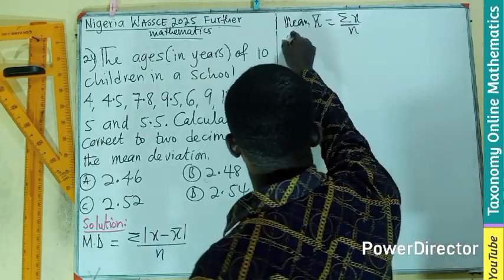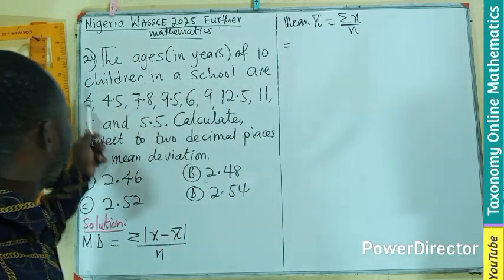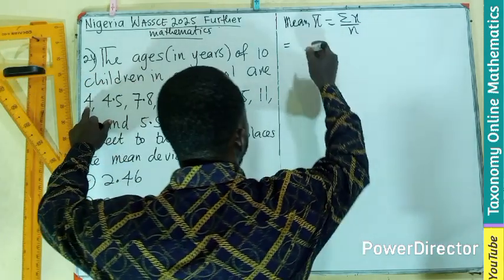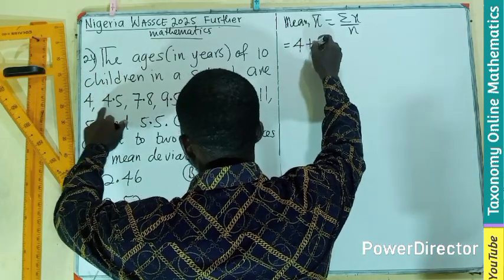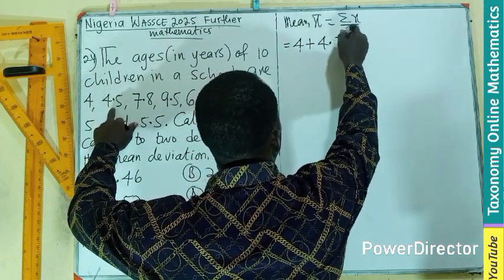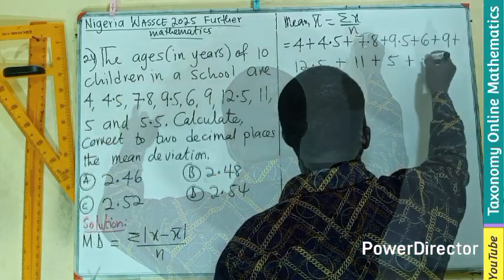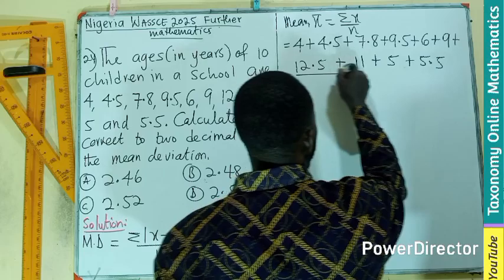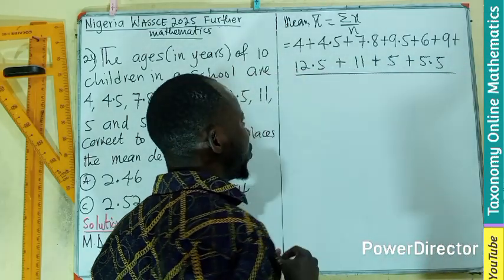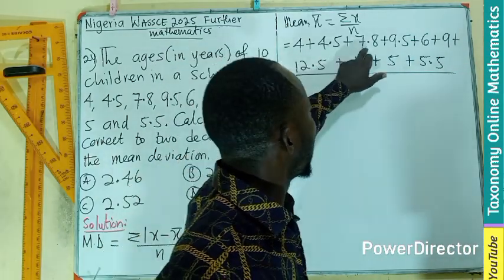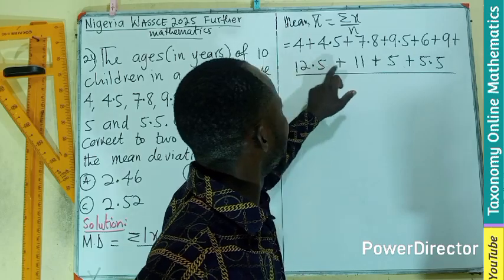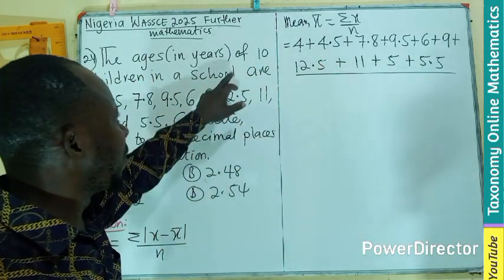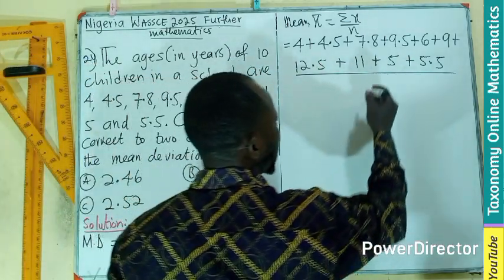N. So let's see. We need to add all this data given to us, which is 4 plus 4.5 plus 5.5. All these data will be divided by how many entries we are adding: 1, 2, 3, 4, 5, 6, 7, 8, 9, 10, which is already given in the question as well. 10 children.